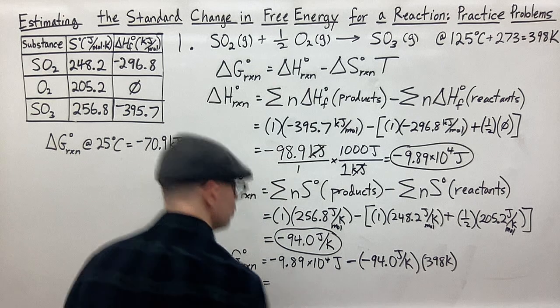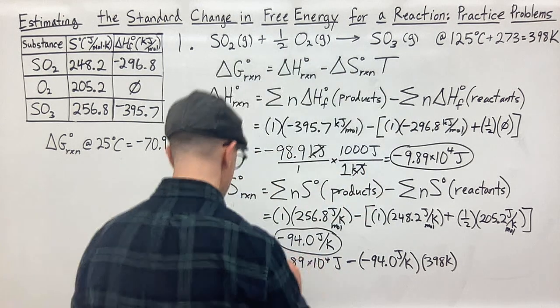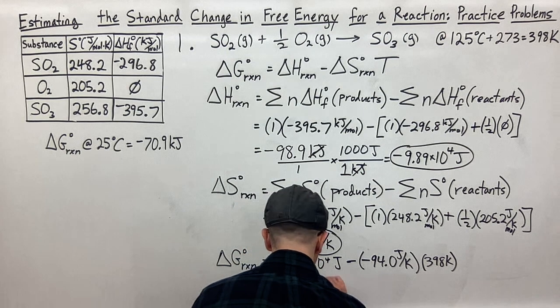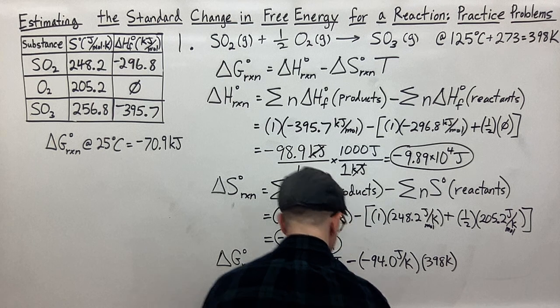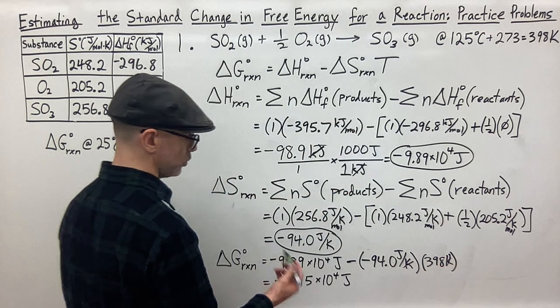We multiply all this together and this is equal to, what did I get? Negative 6.15 times 10 to the 4 joules, because here Kelvin cancels out, we're left with joules.